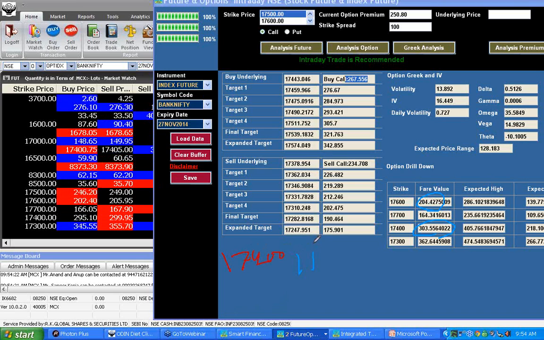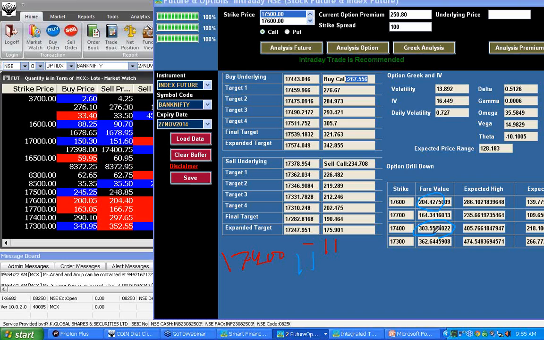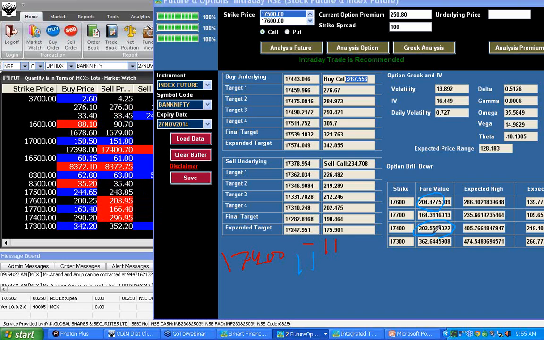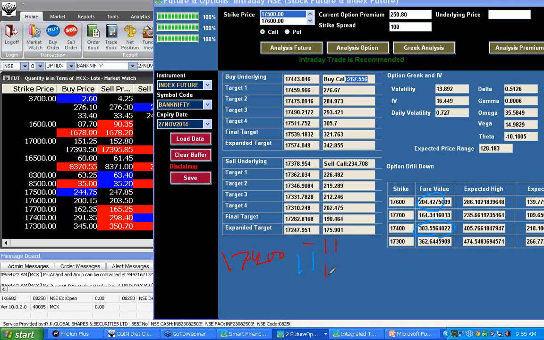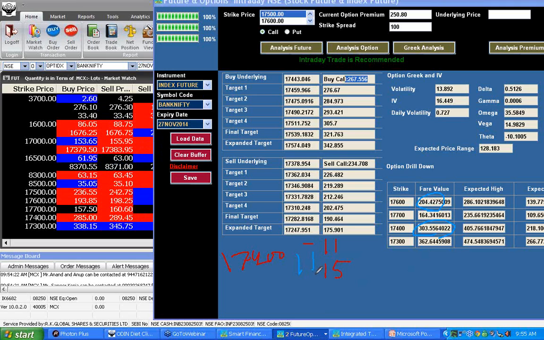The 17,400 has an arbitrage value of minus 11. If I take 304 as a reference and consider 292, 293 I am getting. And if I am getting 17,300 at 41.52, say 45 if you are getting a deal also, so 345, you are getting 15 points of arbitrage value.